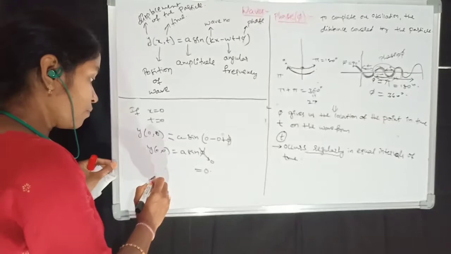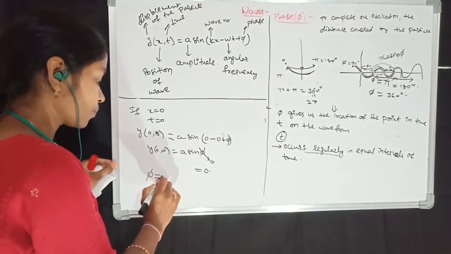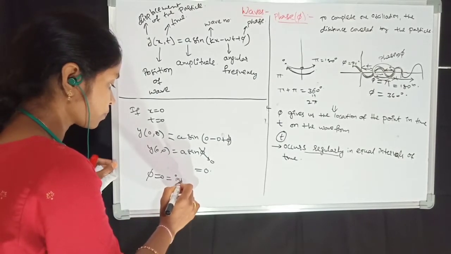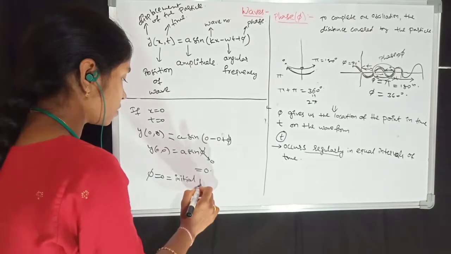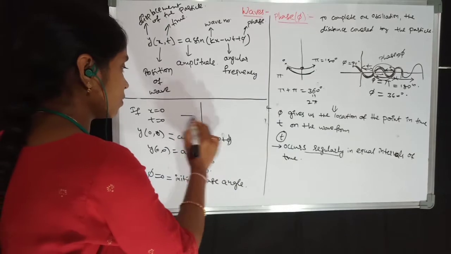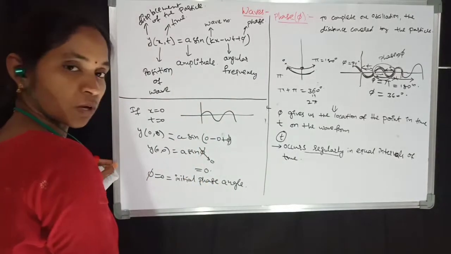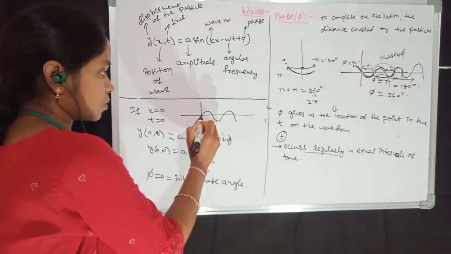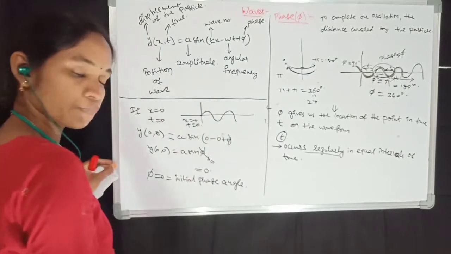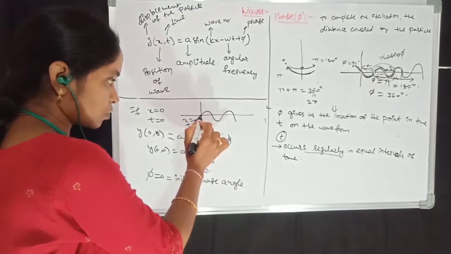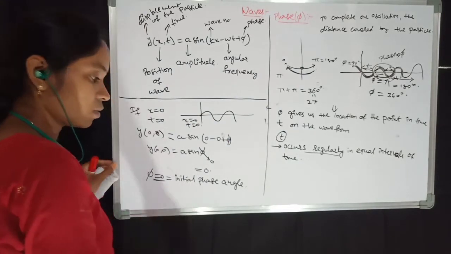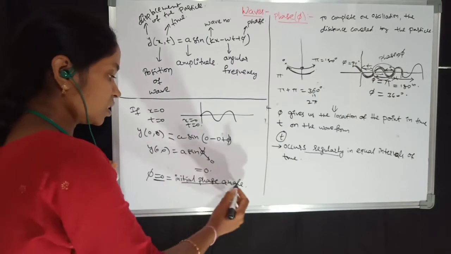That means whenever this phi is equal to 0, we can call this phi the initial phase angle. For example, I have this waveform. At x equals 0 and also t equals 0, at this point there is no waveform. If phi is also equal to 0, there is no waveform and it is said to be the initial phase angle.